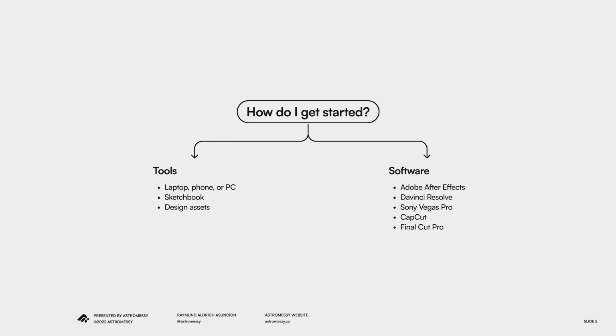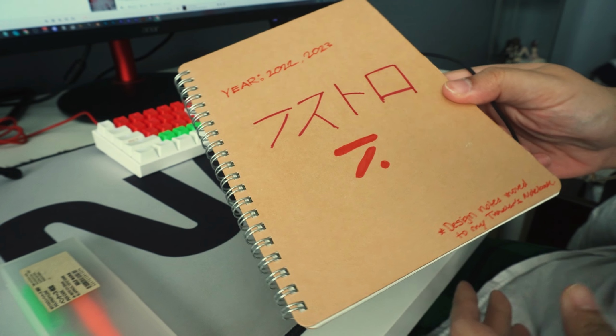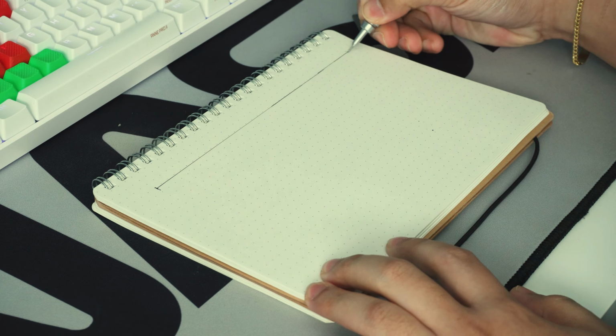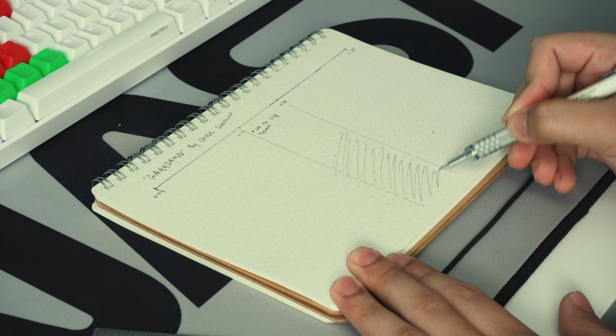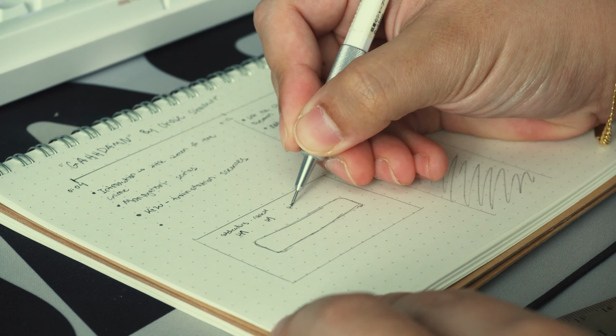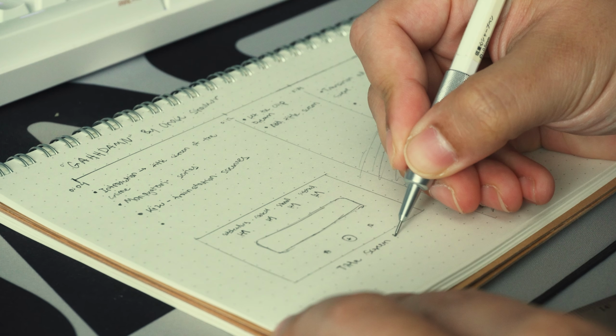Now for the tools to make AMVs, I would say obviously technology: a laptop, iPhone, Android phone, or PC. I think most people would know that a PC is what you would usually use to make the best kind of AMVs or GMVs possible. I use a sketchbook to write down notes, the timeline, the songs, and what I want in the AMV videos, just a bunch of different things to jot down whatever idea I have in my head.